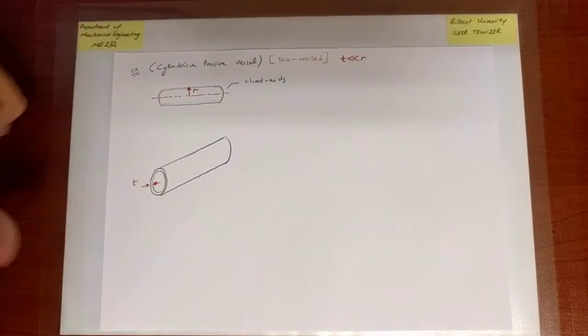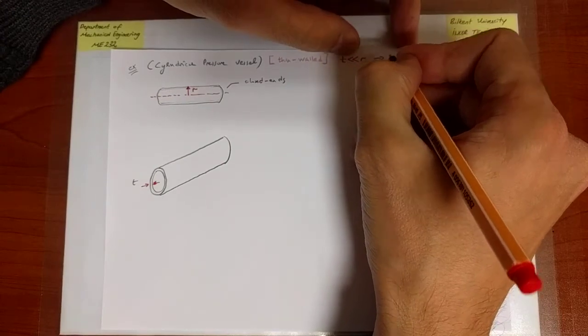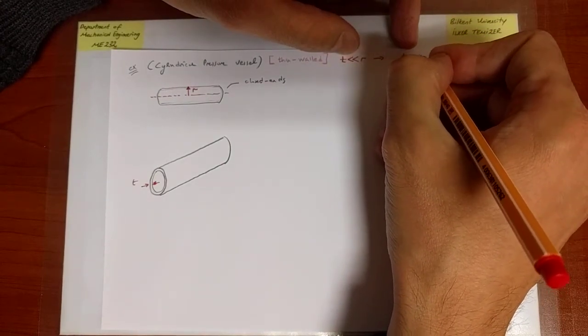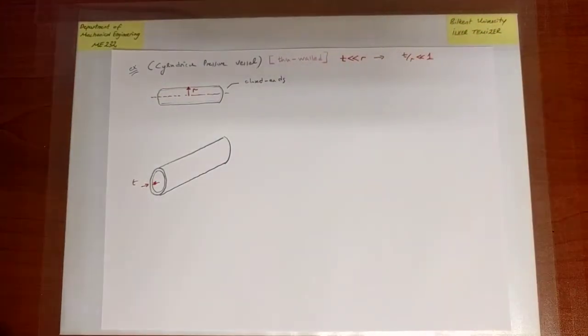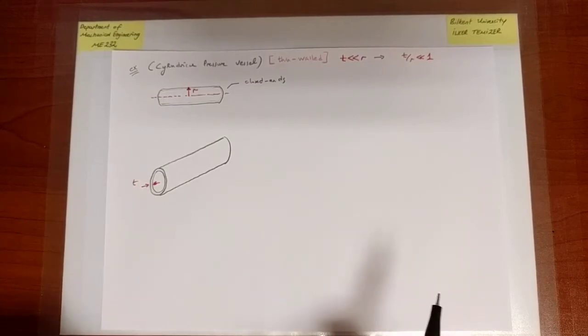Okay. Now, as soon as you see T much, much less than R, or in other words, if I see that the T over R ratio is much, much less than 1, the first question you can, of course, naturally ask is, well, how small is small? So in other words, T over R ideally should be going towards 0. It's not 0, but very, very small. But what is small?